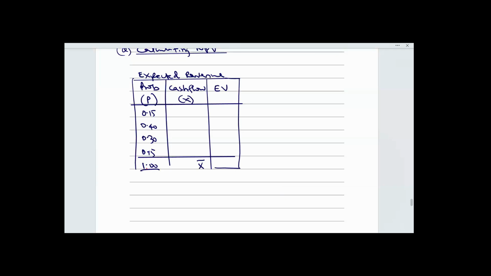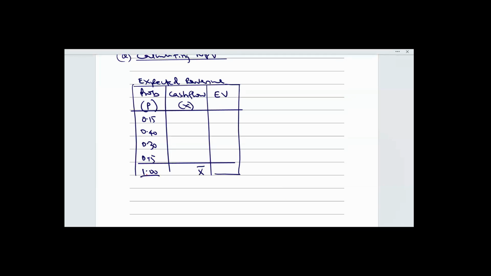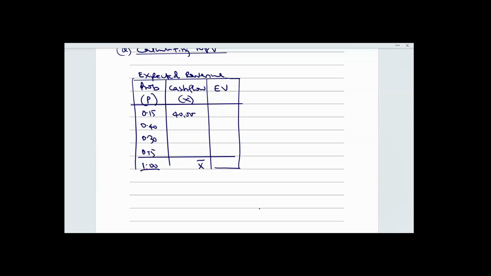So revenue for the first one is 40,000, 50,000, 55,000, then 60,000.